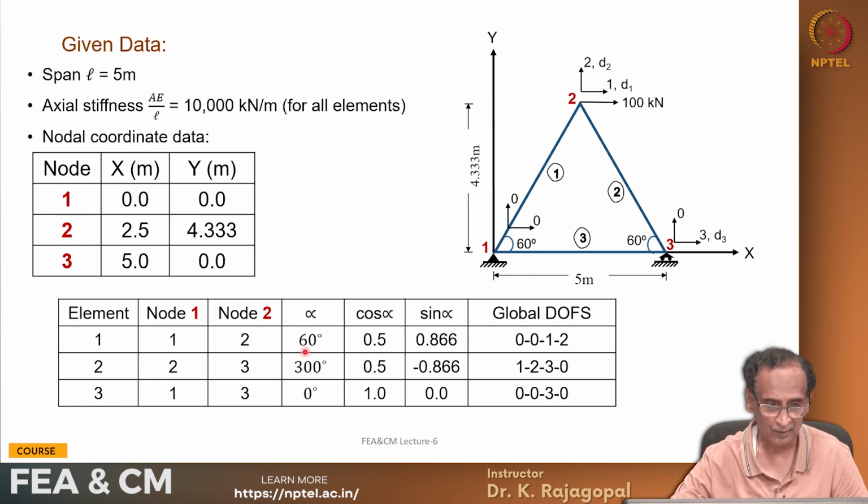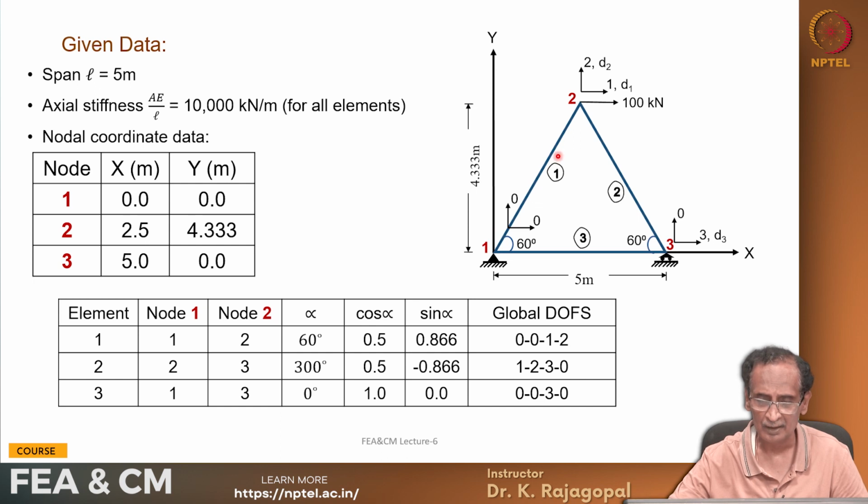So, we get this alpha, and these are the coordinates. Node 1 is at origin 0, 0, node 2 is at 2.5 and 4.333, node 3 is at x equal to 5 and y equal to 0.